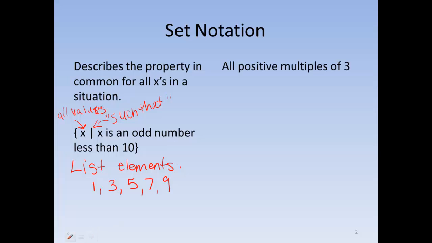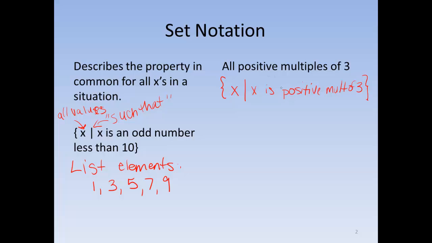Now on the other side, we're going to do some examples where you write it in set notation. Here's all positive multiples of 3, and the set notation would be the squiggly bracket, all values x such that x is a positive multiple of 3.